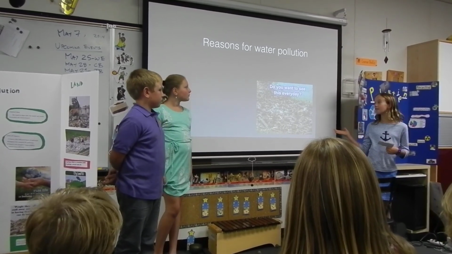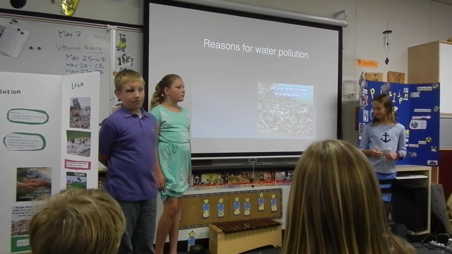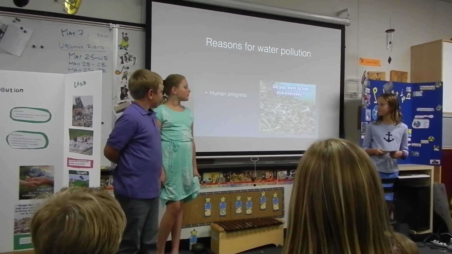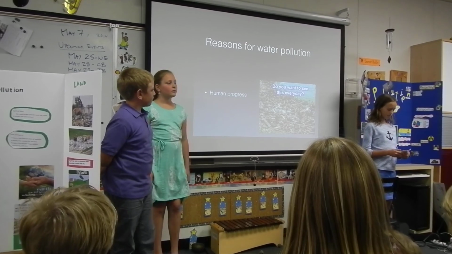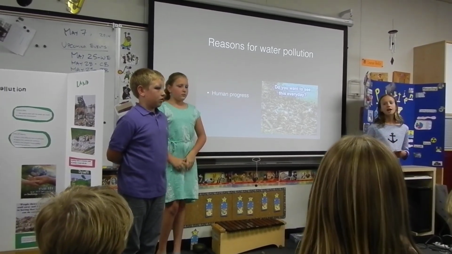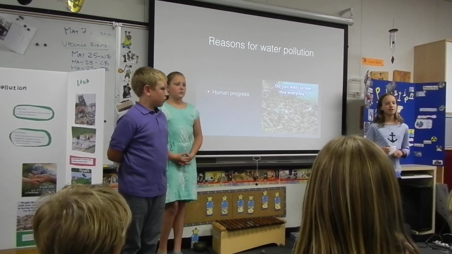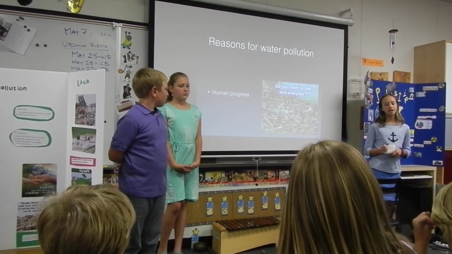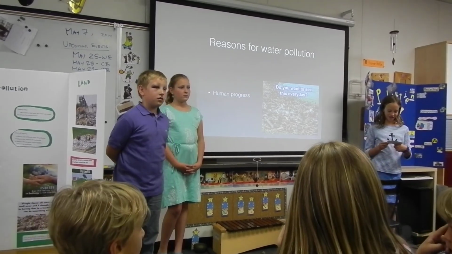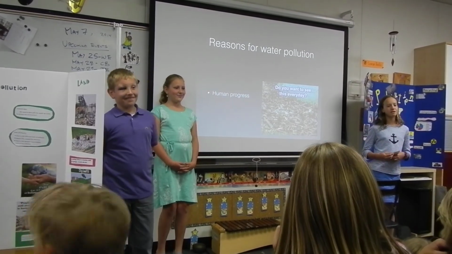Do you want to see this every day? The reason for water pollution is normally human progress, but it's also sewage. What you could do is only take a shower when you have to, flush less, use less water, and eat organic.